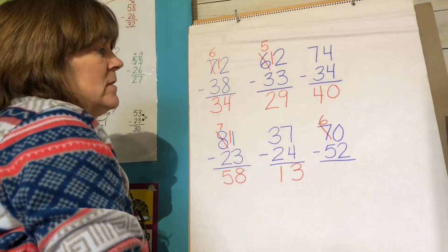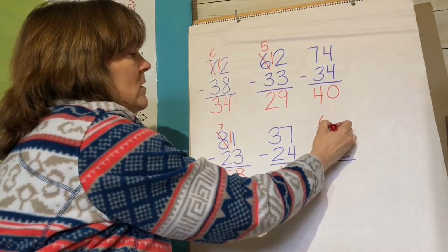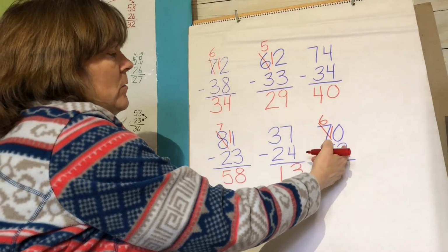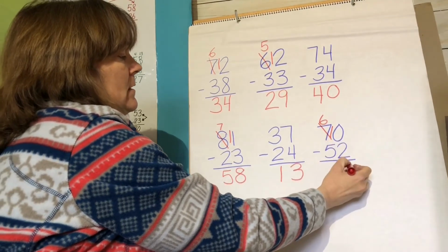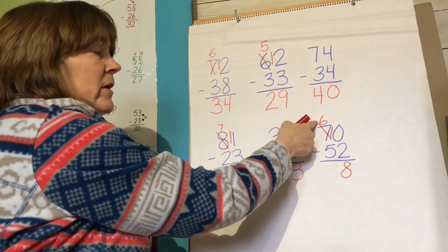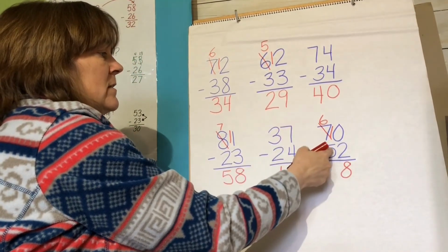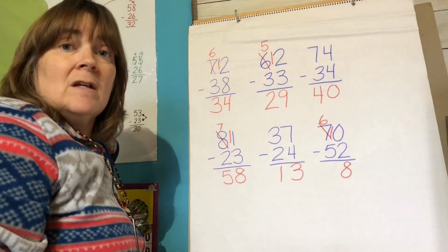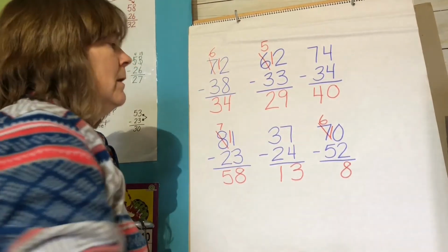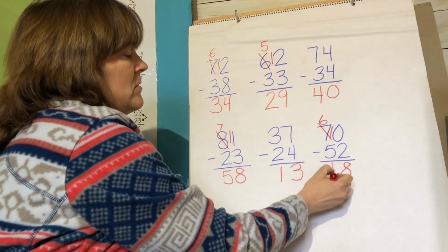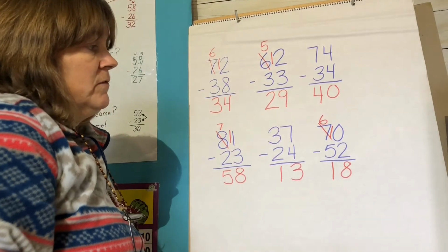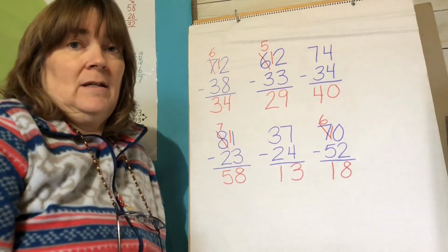It gives 1 to the 0 and makes it a big old 10. And now we have 10 minus 2. So 10, 9, 8. The answer is 8 there. And our new digit over here is 6. So 6, take away 5, they're neighbors on the number line. So whenever it's neighbors on the number line and we're subtracting, the answer has to be 1 because they're just 1 away from each other. So 70 minus 52 equals 18.